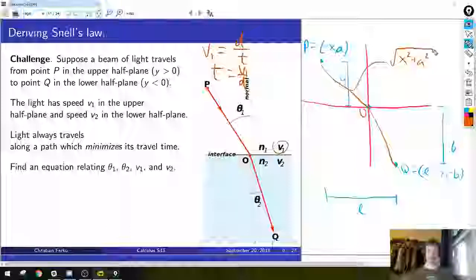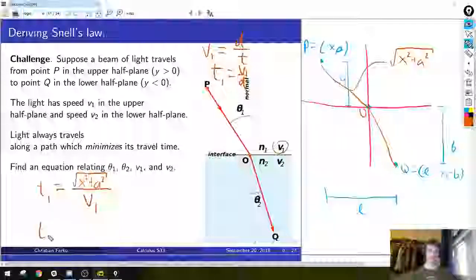So the distance is root x squared plus a squared, which means the time it takes, just by eighth grade, speed is distance over time, the time it takes the light to move from P to O, which I'll call T1. So T1 is that distance, root x squared plus a squared, divided by the speed of that light in the medium, which is v1.